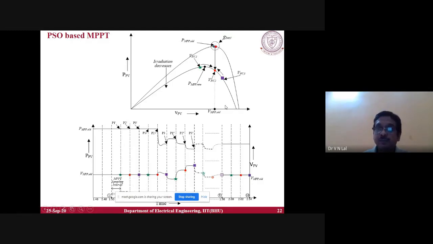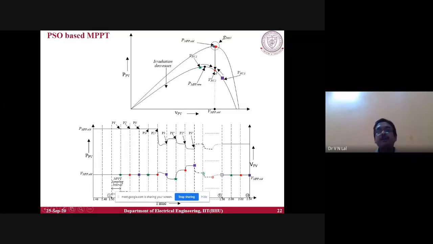So if irradiance is changed, one point is to be introduced in PSO: there should be some reinitialization of the particles. There should always be some reinitialization of the particles. Why? Because if reinitialization of the particles is not there, it will stick to this one only.